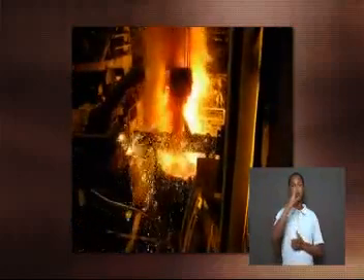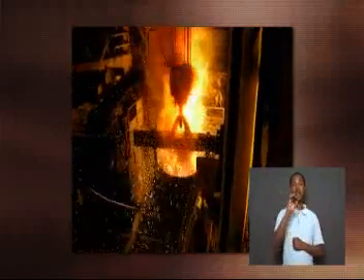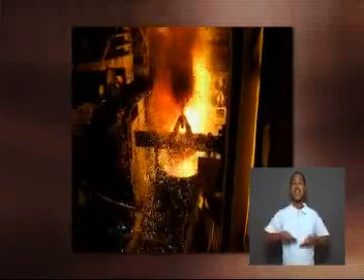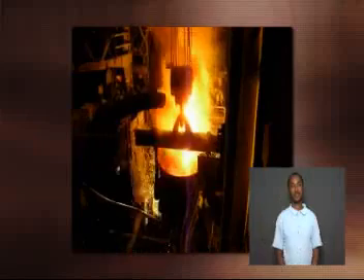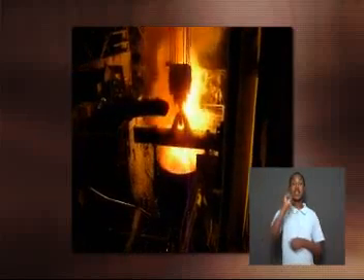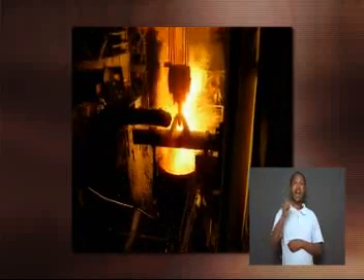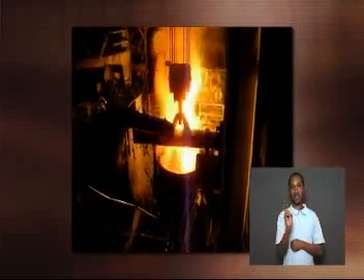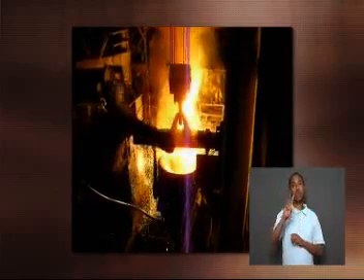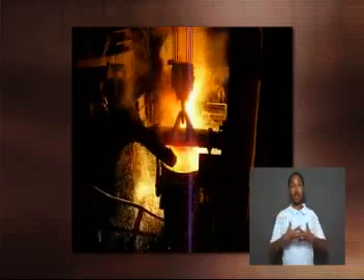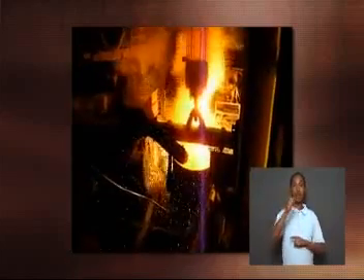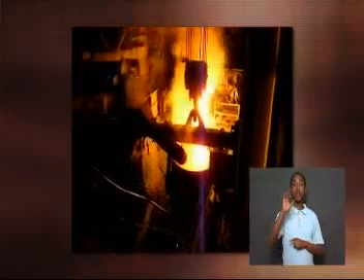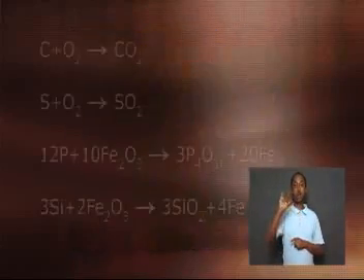The impurities within the pig iron are oxidized by the ferric oxide and air. Carbon dioxide and sulfur dioxide are released out of the mixture as waste gases. The silicon dioxide and other acidic oxides, like phosphorus pentoxide, combine with the calcium oxide from the limestone and the refractory lining to form a slag.